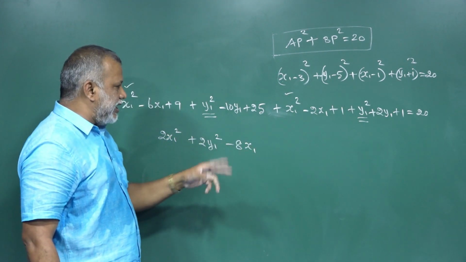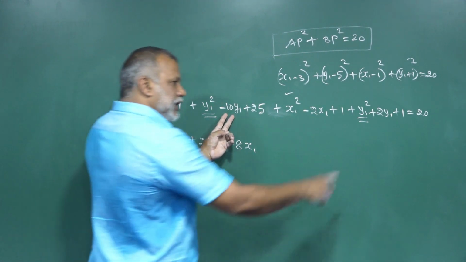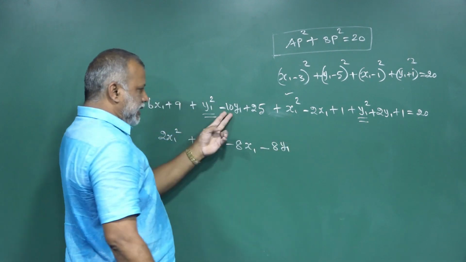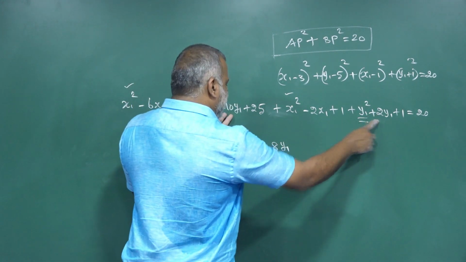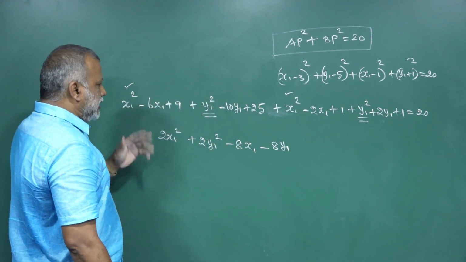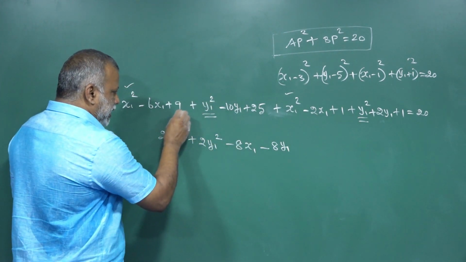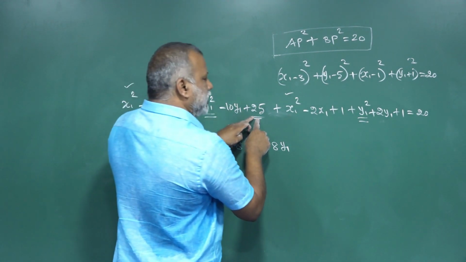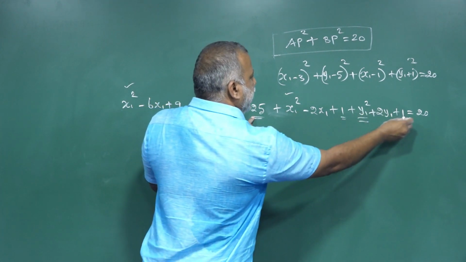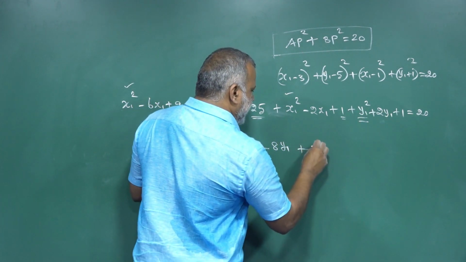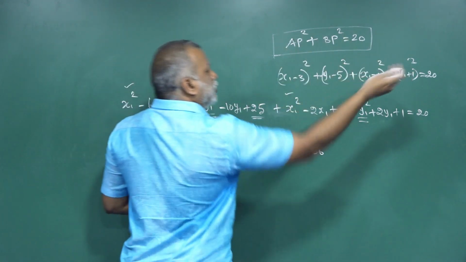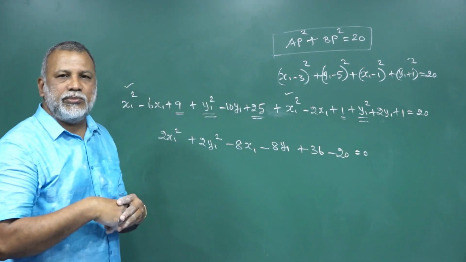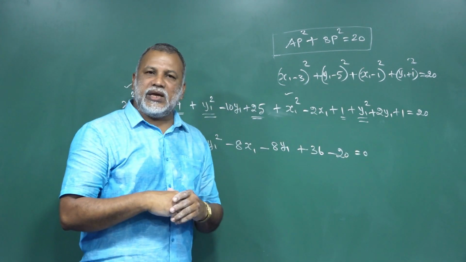Then the y1 terms: 10y1 negative, 2y1 positive, we get minus 8y1. Then the remaining numbers: 9 plus 25 is 34, again 1 is 35, again 1 is 36. So here positive 36. On the other side we have negative 20, which we move across, so we get positive 36 and negative 20.